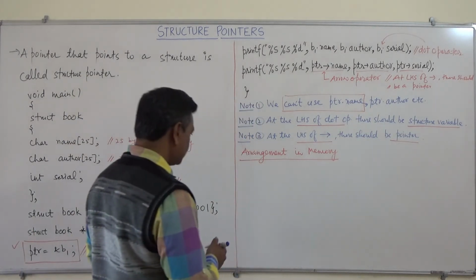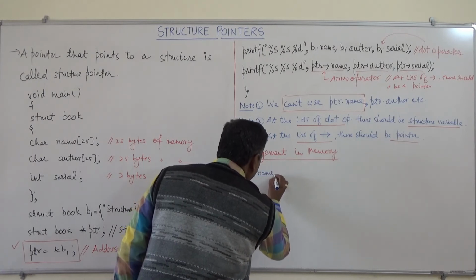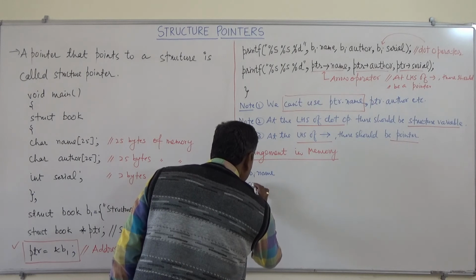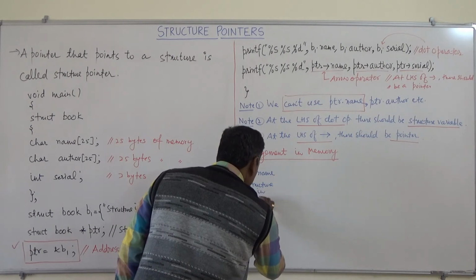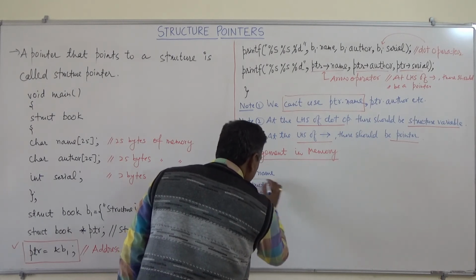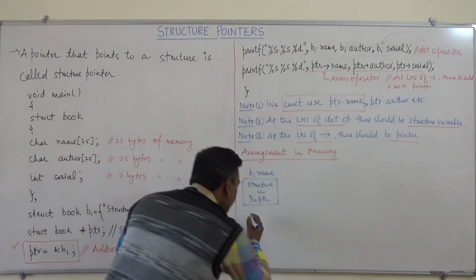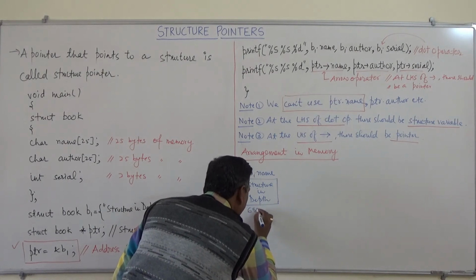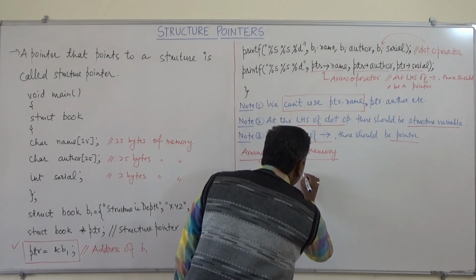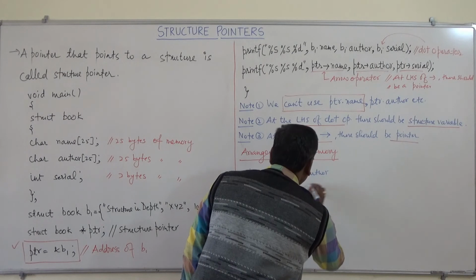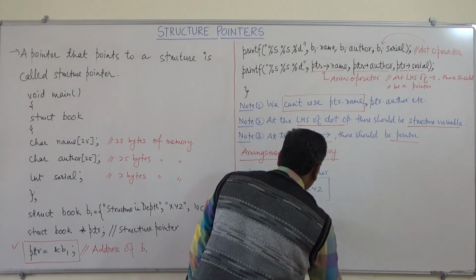Here this is b1 dot name, its value is structure in depth, and say its address is 65501. The second member is b1 dot author, and its value is xyz.